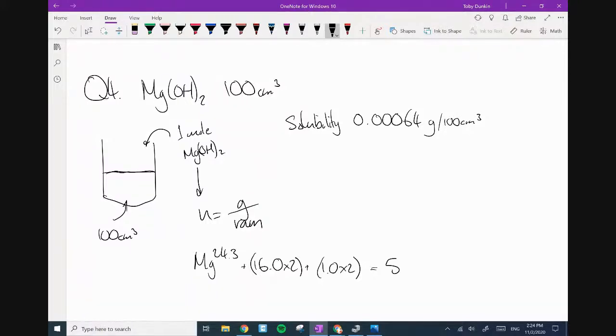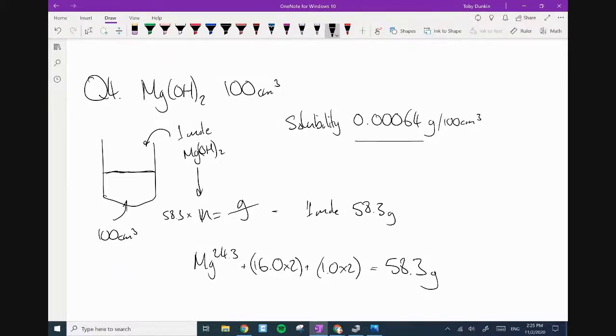Total is 58.3. So 58.3 is 1 mole. So 1 mole is 58.3 grams. Well, there was absolutely no point in adding that much, was there?